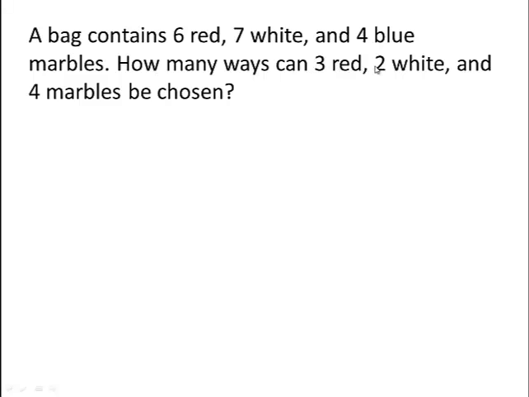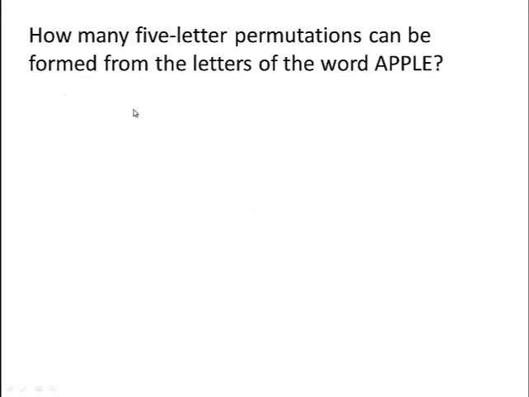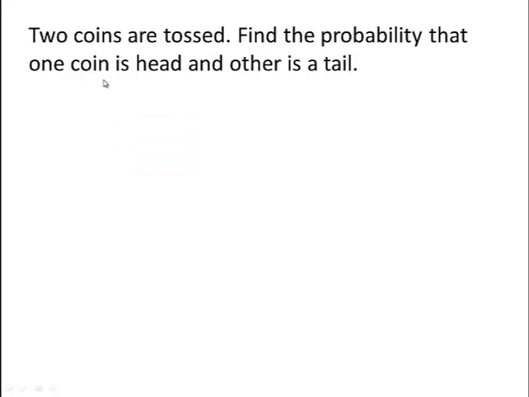How many ways can you choose 3 red, 2 white, and 4 blue? That'll be 6C3 times 7C2 times 4C4, which is 420. How many 5-letter permutations can be formed with the letters in the word apple, which would be 5 factorial over the 2 P's that we couldn't tell the difference, would be 60.